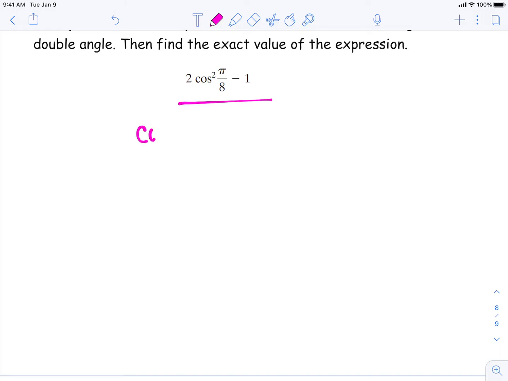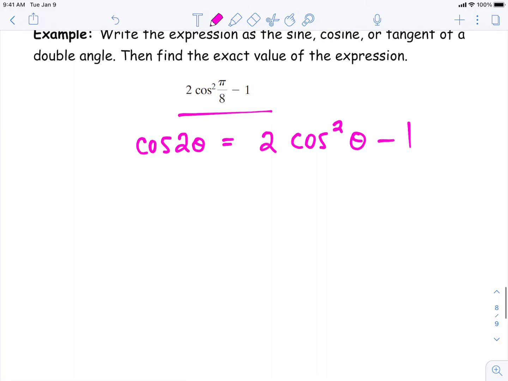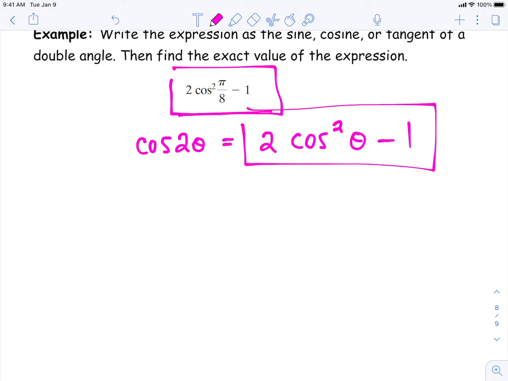So the cosine of 2 theta equals 2 cosine squared of theta minus 1. So now we're going to identify the theta in this formula. What we've been given is the right-hand side to the double angle formula. So here is our theta, our angle, pi over 8.